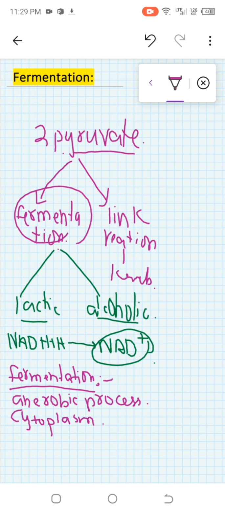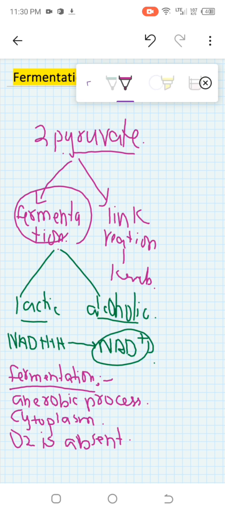In this, oxygen is absent and NADH is converted to NAD plus. That's why this is also known as an anaerobic process. Now let's see lactic acid fermentation and alcoholic fermentation. First we are moving with lactic acid fermentation.